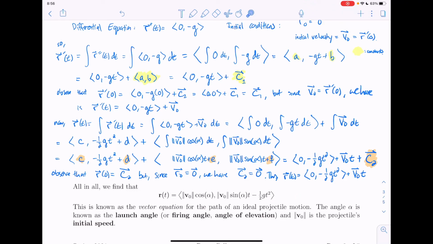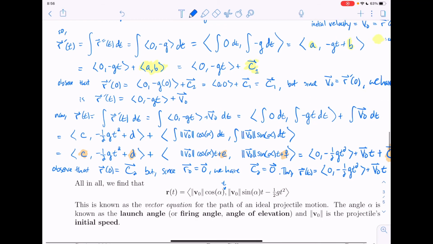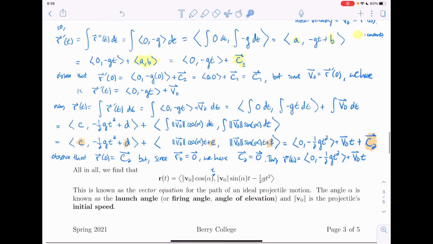There is a typo here, I should note, there should be a t right here. But essentially what we have is that the position of our projectile that's been thrown in the air is equal to, in the first component, this quantity, and in the second component, this quantity.